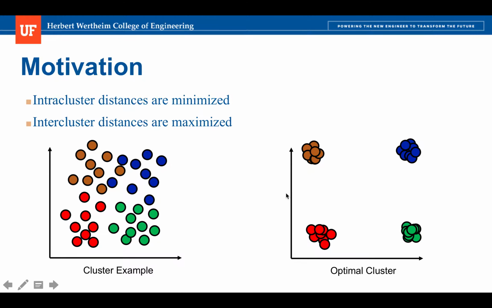And for different classes, the inter-cluster, you want the distance to be as large as possible, so that you can draw a clear boundary for different clusters.